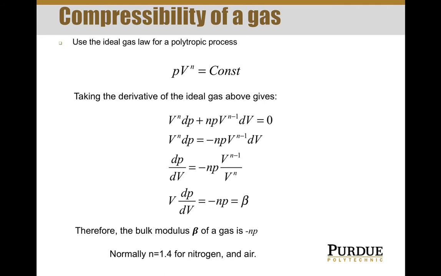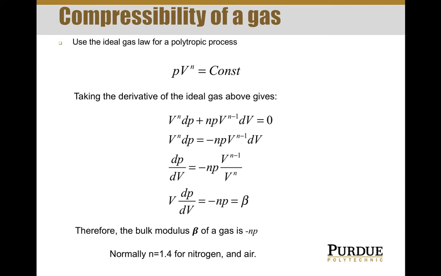All right, so this is just a review from lecture 2. Anyway, so now how is this important for compressible gas or air? For air and in general in gases, we use the ideal gas law for polytropic processes. Polytropic means any kind of process that goes from one state to another state, different temperature, temperature 1, temperature 2, volume 1, volume 2, and so forth.